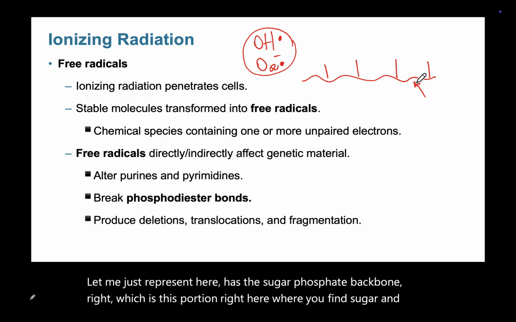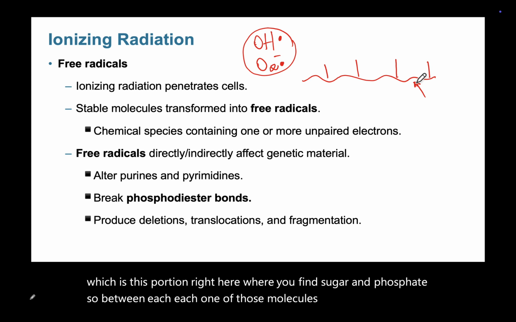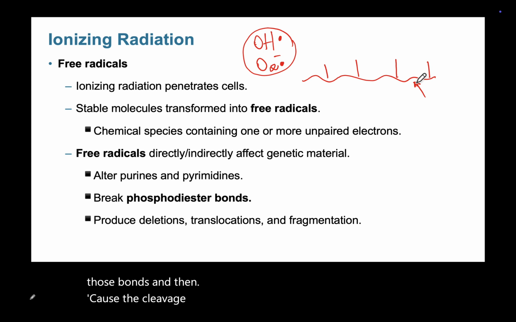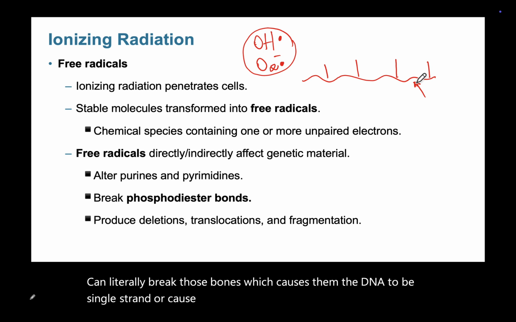So between each one of those molecules, you have these phosphodiester bonds. Those free radicals can interact with those bonds and cause the cleavage, can literally break those bonds, which causes the DNA to be single strand or cause a double strand break, for instance.